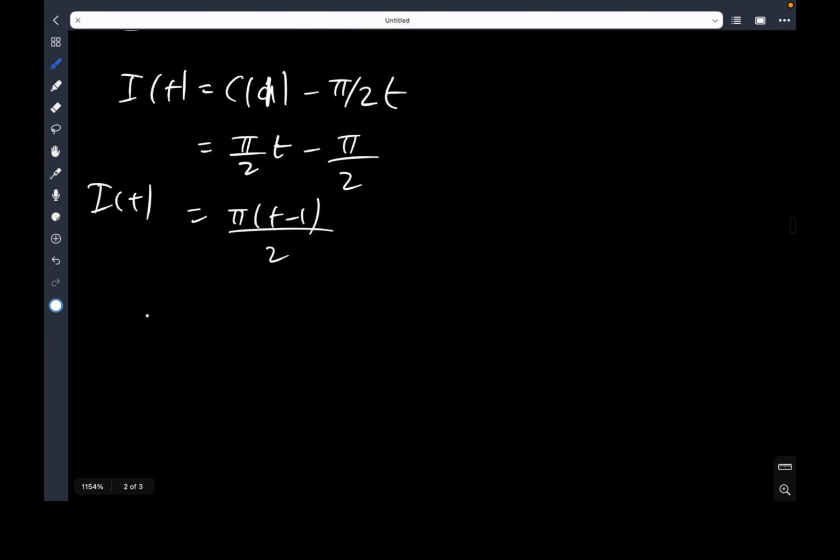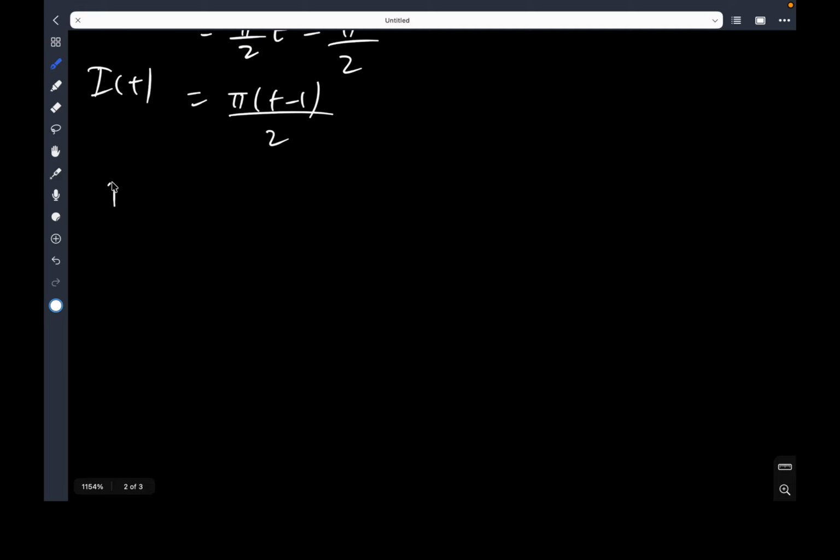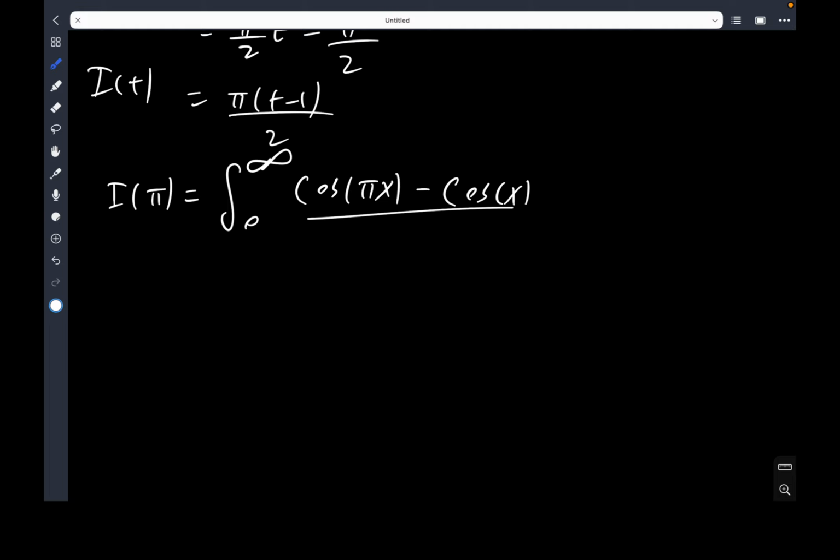And we were looking for I of pi, if you remember, and I of pi would be the integral from 0 to infinity of cosine pi x minus cosine x over x squared dx, which is pi times 1 minus pi over 2.